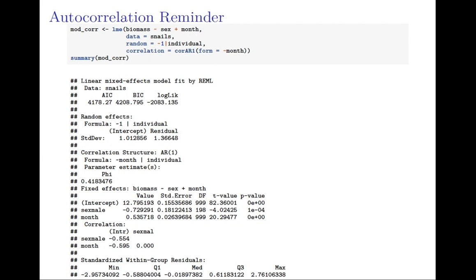And so we ran a mixed effects model with an LME where biomass is a function of sex and month because that's what we were curious about, and a random effect was individual. But because we believe there could be some sort of correlation in time, we used an AR1 model with correlation AR1 and used month as our time there, and things could be correlated. And we did see that there was a correlation here in time.